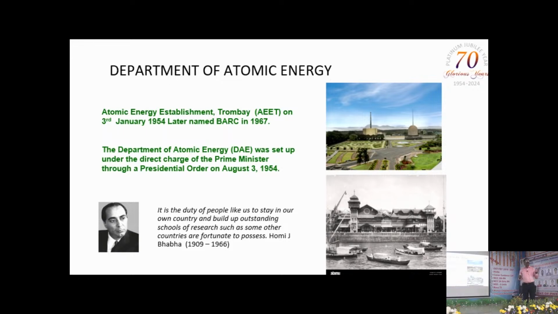And we cannot do any lecture without remembering this great man, Homi Jahangir Bhabha, who actually told that people like us should stay in our country to set up institutions like this. So we were actually lucky that he stayed in our country and we could get this facility. Both are my offices. I work at both places. This is the headquarters of DAE and the other one is BARC.